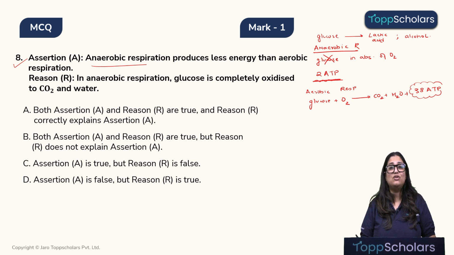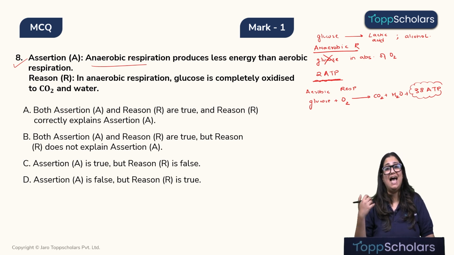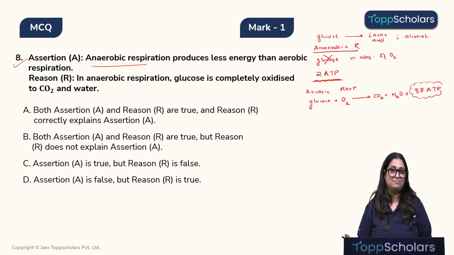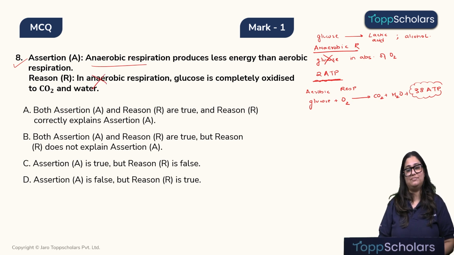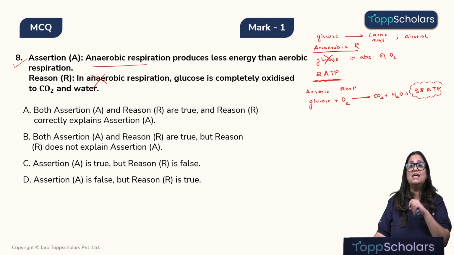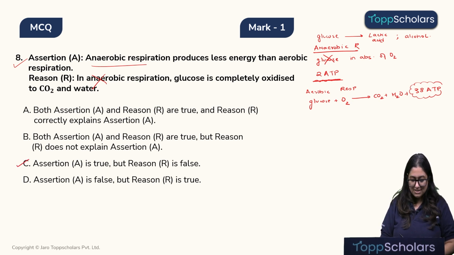That means when glucose is broken down without oxygen, we do not get CO2 and water. We might get lactic acid or we might get alcohol. That also helps us understand that glucose is not completely broken down. And therefore, the reason is an incorrect statement itself. Forget the incorrect explanation, it's an incorrect statement. And therefore, the correct answer will be option C, where the assertion is true, but the reason is false.